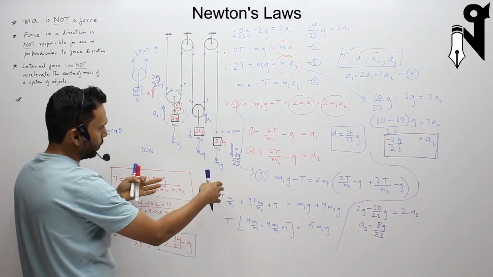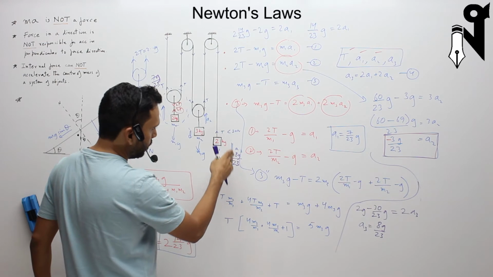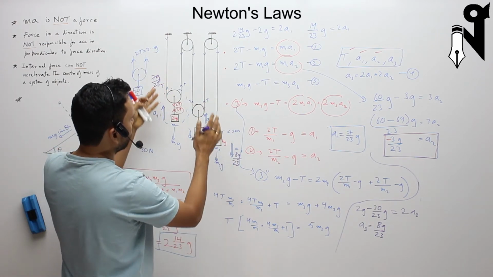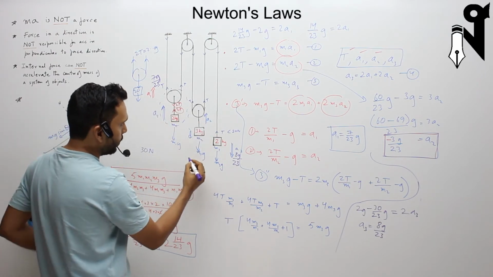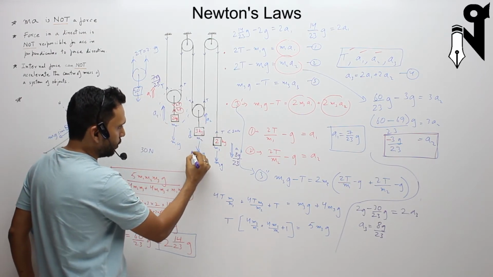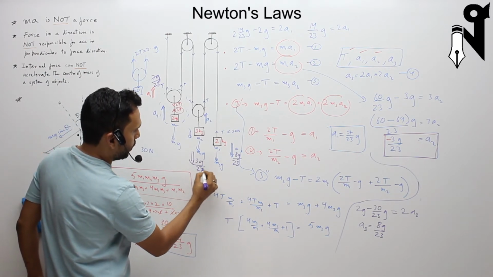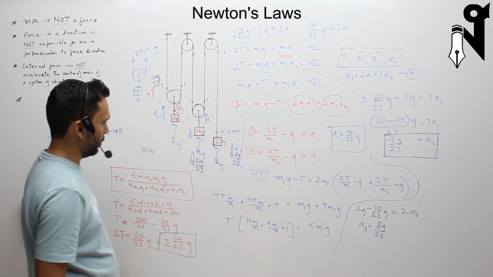It is going down with a considerable acceleration. It is almost 1/3 of G. It is going down and it is going up. So this has released the tension a lot, and hence this is going down very slowly. It came as 3G by 23. So this is going down with 3G by 23. So this is the situation.